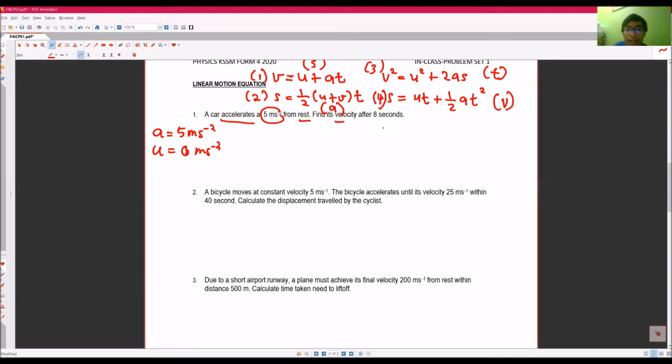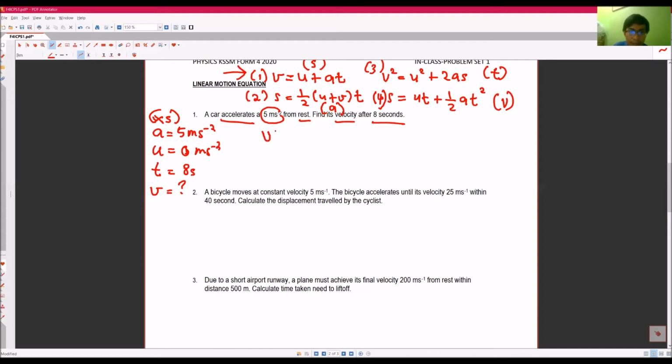Find its velocity after 8 seconds. So t equal to 8 seconds. Find the final velocity. After means final. So which variable don't we have here? We don't have s. So which equation doesn't have s? Equation number one.